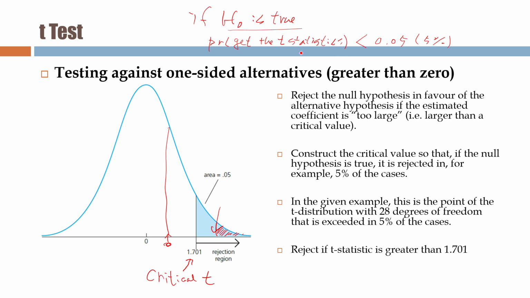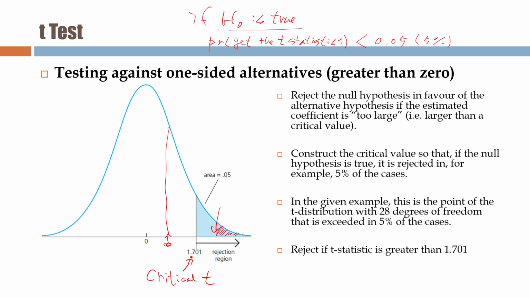However, if this probability is greater than 5%, which means even though the null hypothesis is true, we still have a large enough probability to get our current t statistic, which means I'm not sure H0 is not true. Maybe it's true or not.